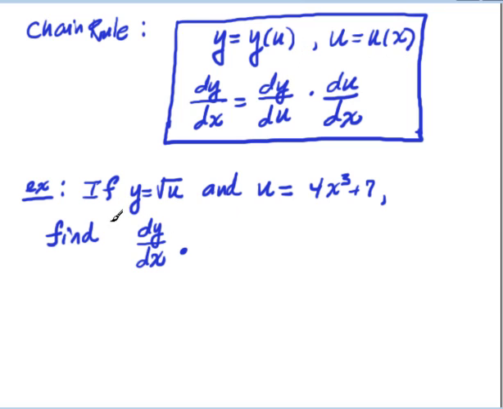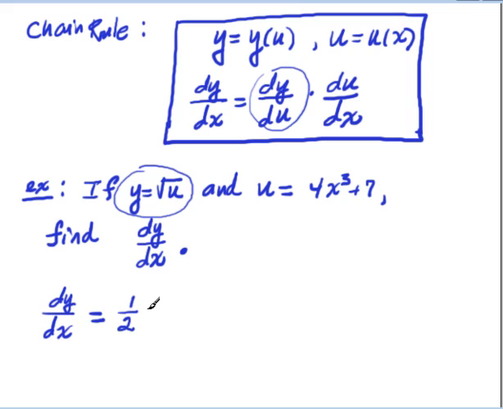All right, so let's apply that directly right over here. We want to find dy/dx, so we'll write dy/dx is equal to, first we're going to do dy/du. Well, here's y as a function of u, so just take the derivative right here. Take the derivative of the square root of u, and remember that square root is the same as an exponent 1/2.